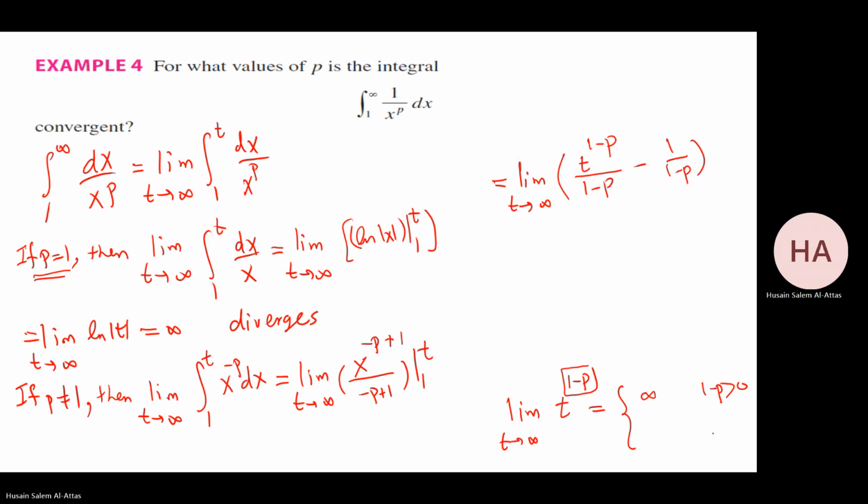If 1 minus b is negative, then it will be 1 over infinity, that will be 0. That means if b is less than 1, this is infinity, and this is if b is greater than 1.